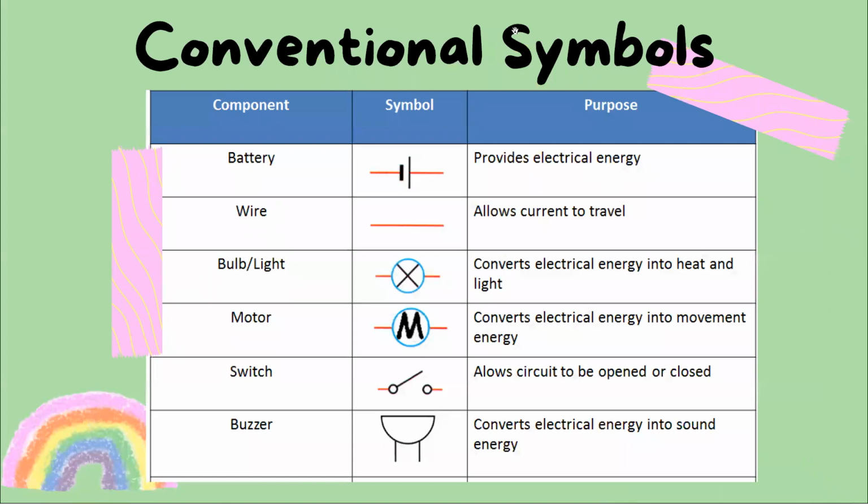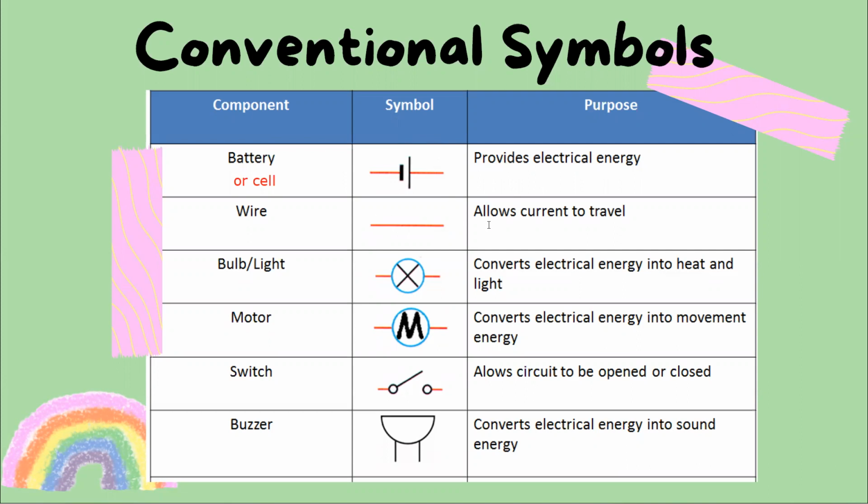So basically this is the summary for the entire thing. You can take a screenshot of this for your own reference. The battery, or the cell, is represented with a symbol of one positive and one negative side, and it provides electrical energy.